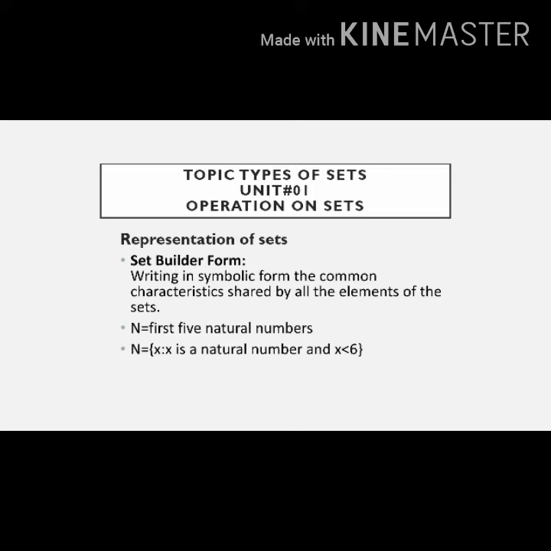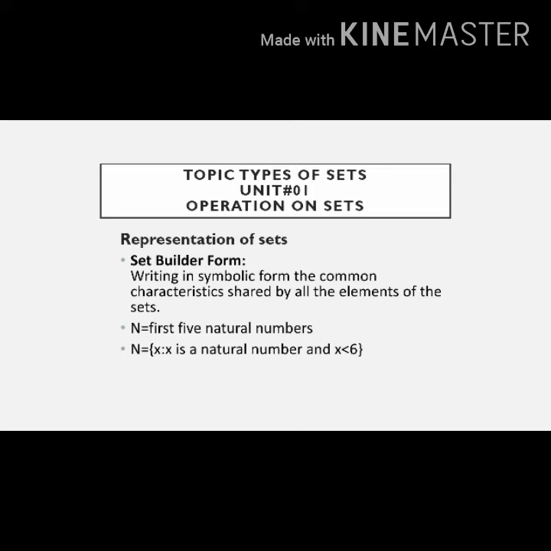So in set builder form, first of all we write the name of the set, that is N, and then we write the curly braces. Inside the curly braces we write x such that x. Here x is used to show the elements of the set. x is a natural number, that means the elements of the set belong to the set of natural numbers.